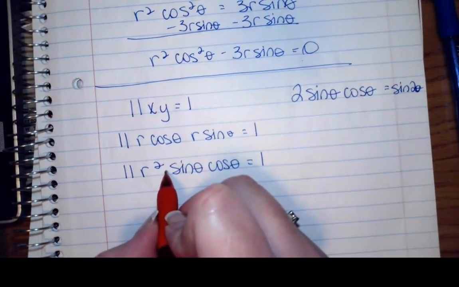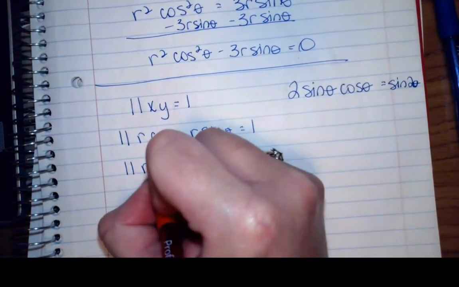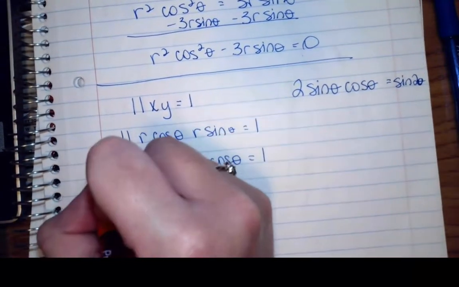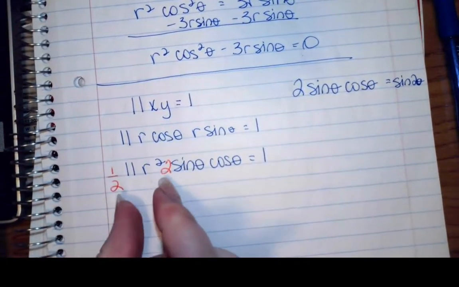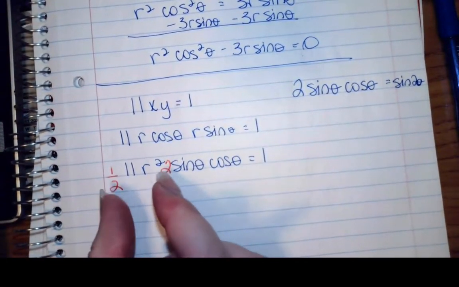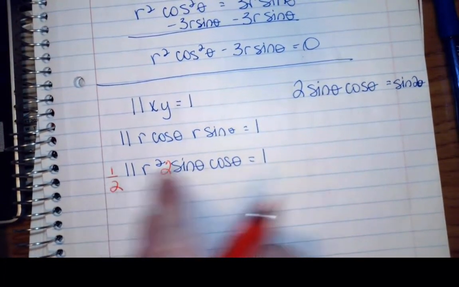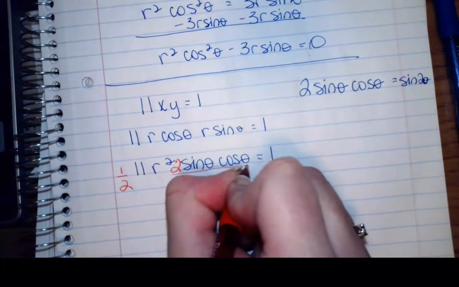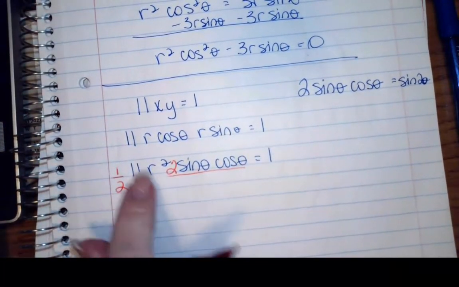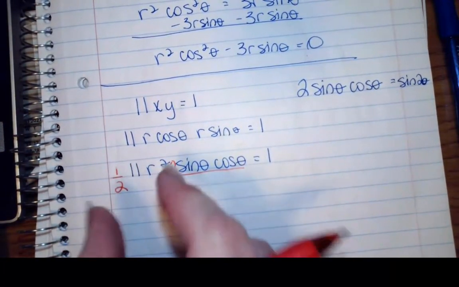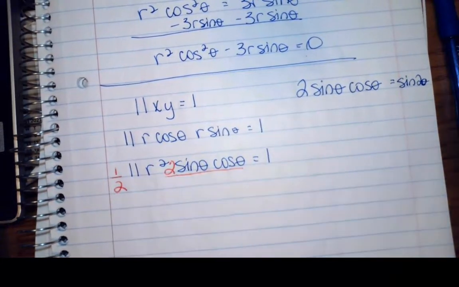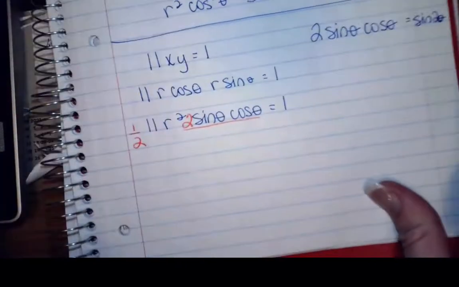I need a 2 right here. So if I multiply by 2, I'm going to balance with a 1/2. So really and truly, all I did was multiply by 1. But I'm going to utilize this in a double angle formula, which means that 1/2 is going to carry along. And that little trick right there is going to help you in calculus.